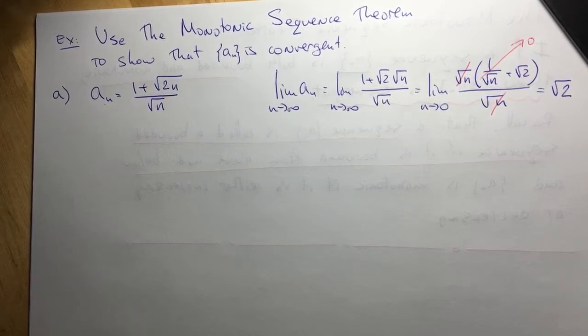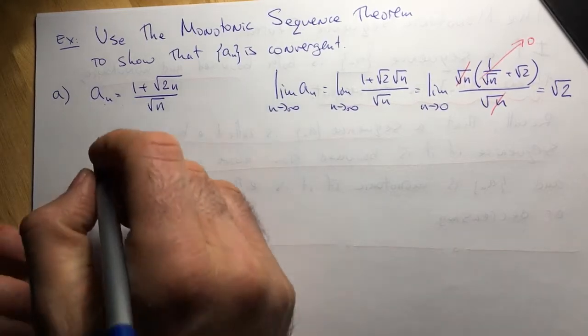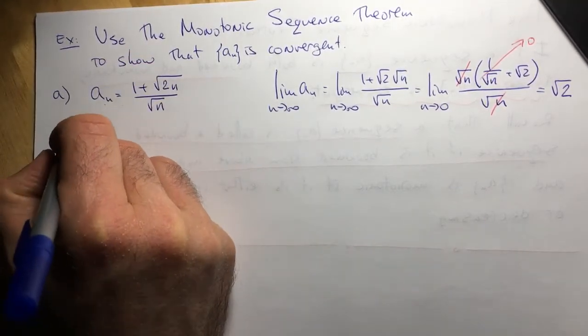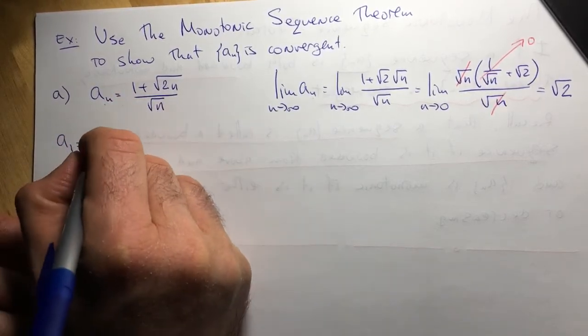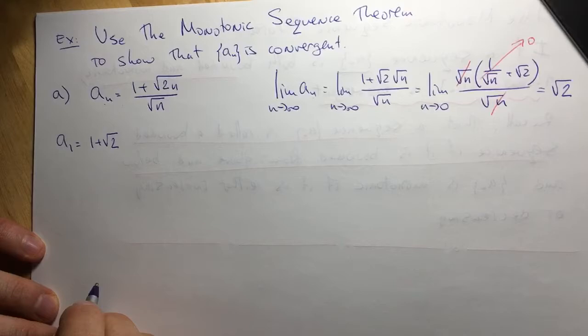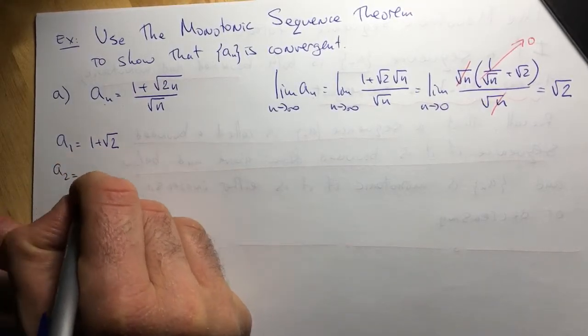In order to figure out if it's monotonic, we have to figure out whether it is increasing or decreasing. So let's just list a few terms here. How much is going to be A1? A1 is going to be 1 plus square root of 2. How much is going to be A2?